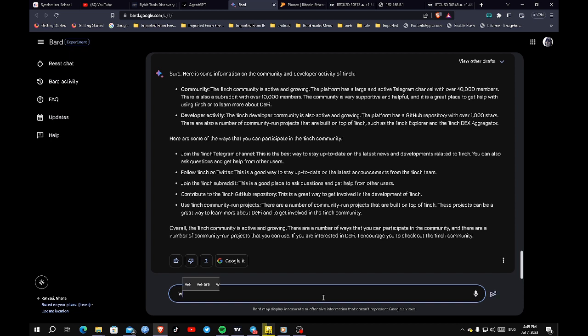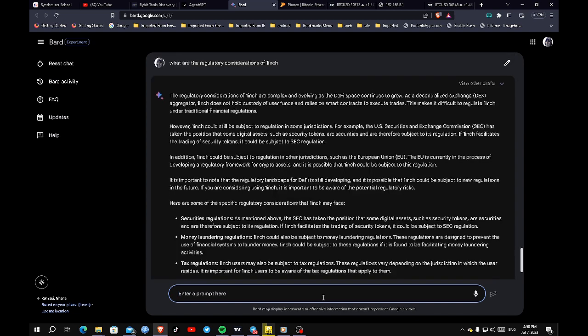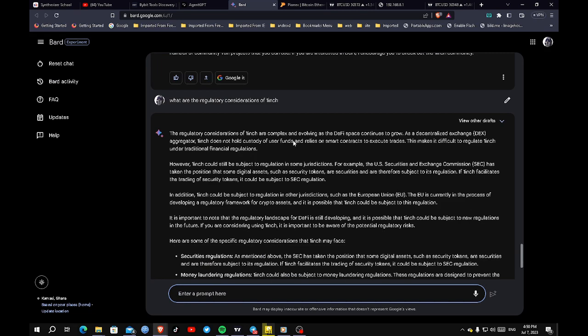Okay, so we look at regulatory considerations. What are the regulatory considerations of 1inch? This also gives you some of the regulatory considerations.